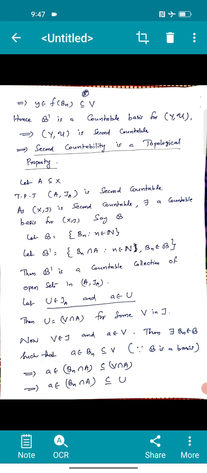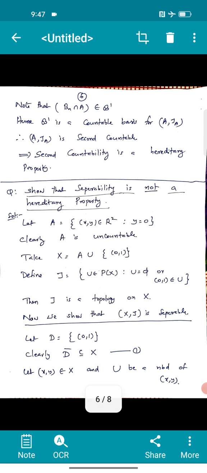That is, a is an element of Bn intersection A ⊆ V intersection A, or a is an element of Bn intersection A ⊆ U. Note that Bn intersection A is an element of B'. Hence B' is a countable basis for (A, tau_A), or (A, tau_A) is second countable, or second countability is a hereditary property. We have proved it.